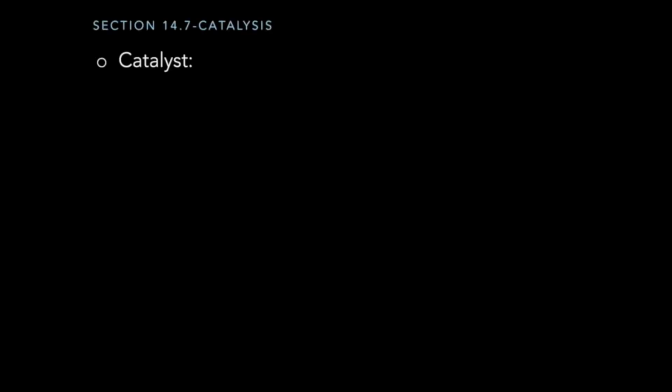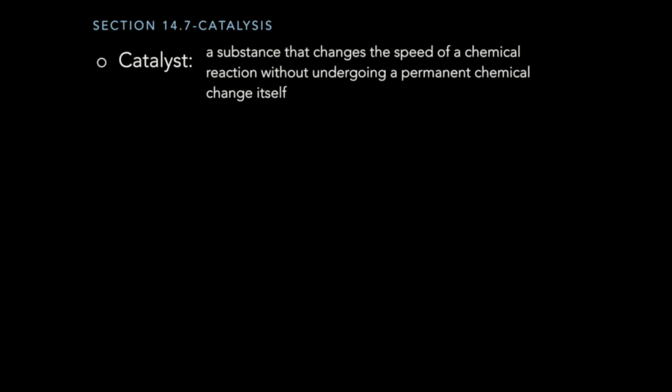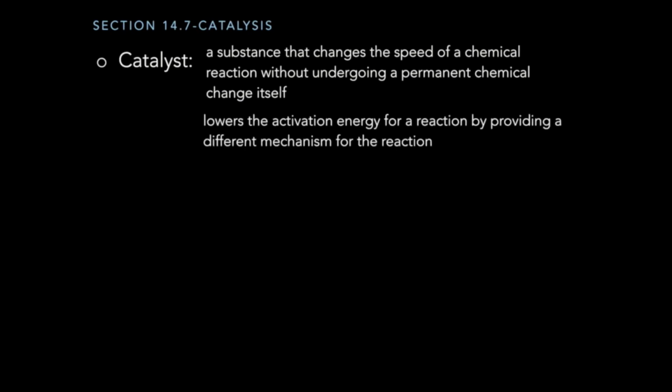Now, the last thing that I'm going to go over in this lesson is catalysts. Now, a catalyst is a substance that changes the speed of a chemical reaction without undergoing a permanent chemical change itself. And the way that they do that, catalysts lower the activation energy for a reaction by providing a different mechanism for the reaction.